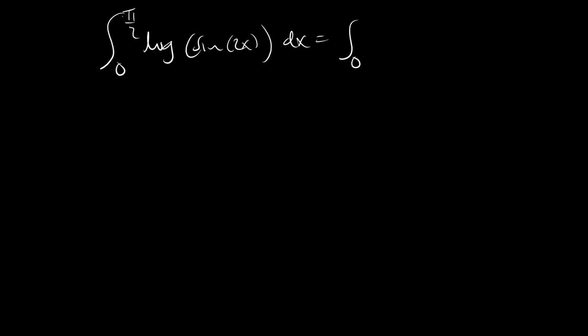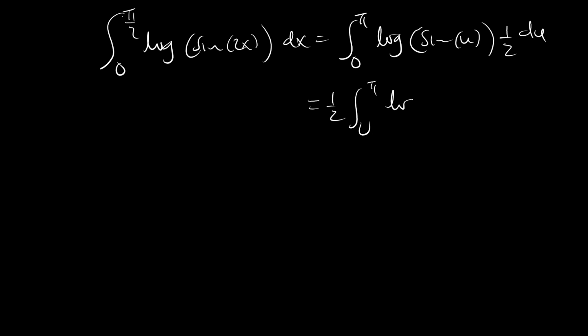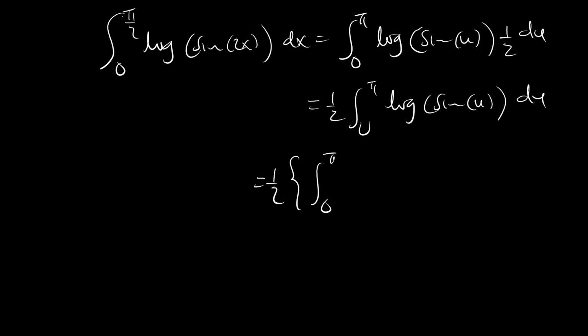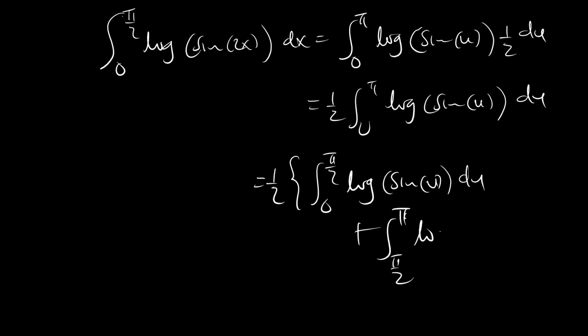is equal to the integral from 0 to pi of log sine of u, which is the same as a half of the integral from 0 to pi over 2 of log of sine of u plus the integral from pi over 2 to pi of log of sine of u.